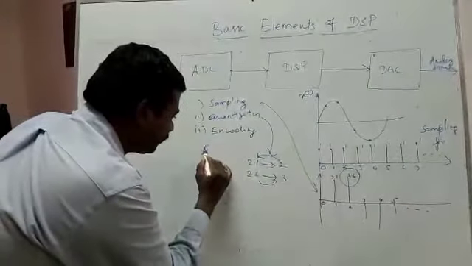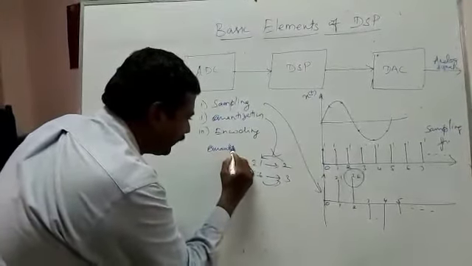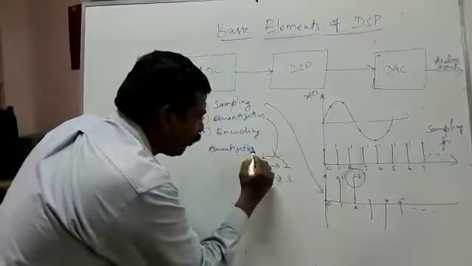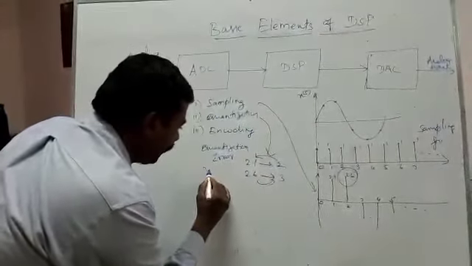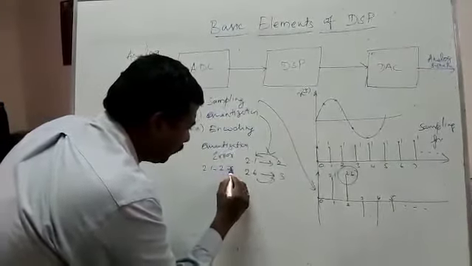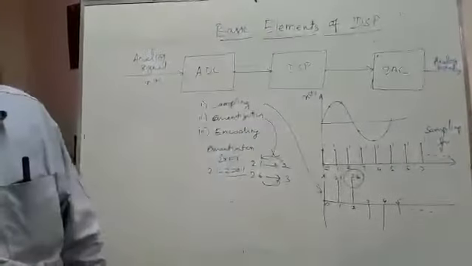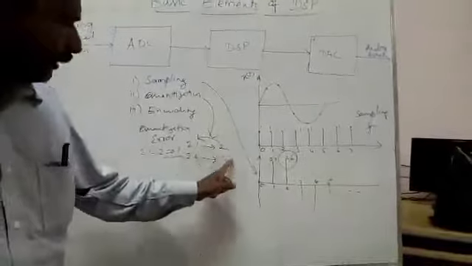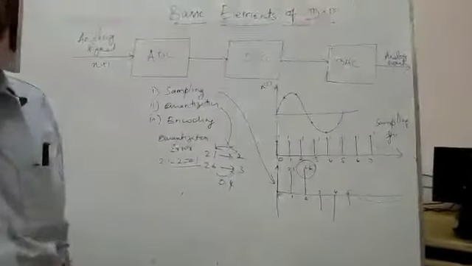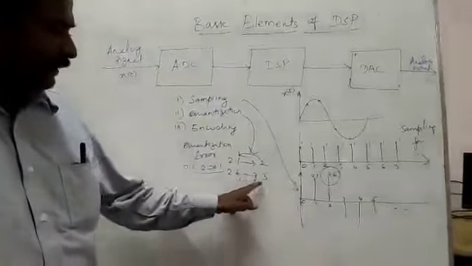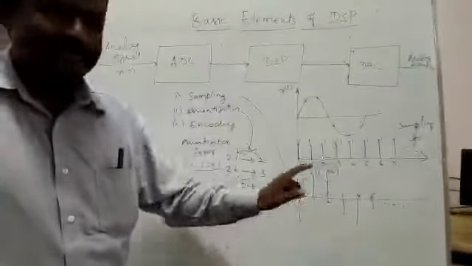This error is called the quantization error, because the error is due to the quantization process. This error, that is 2.1 minus 2, is 0.1. This is called the quantization error. Similarly, the error between 3 and 2.6, what is the error here? 0.4. So 0.4 is the quantization error for the second sample.